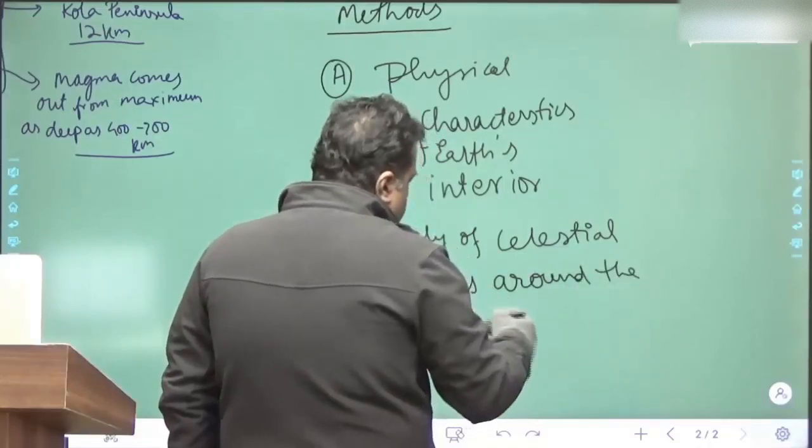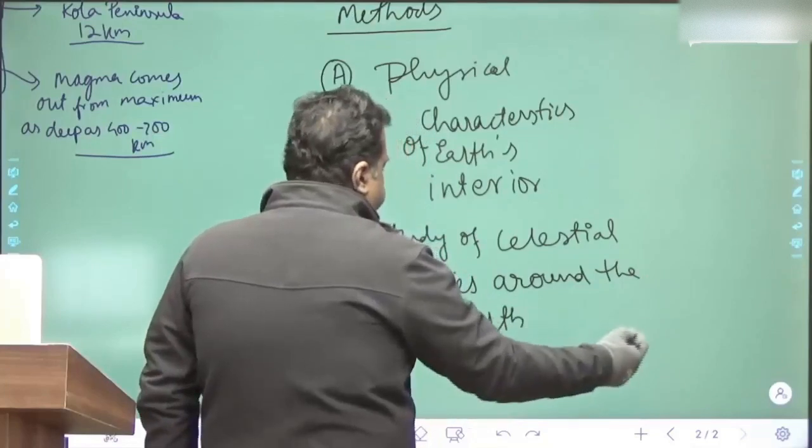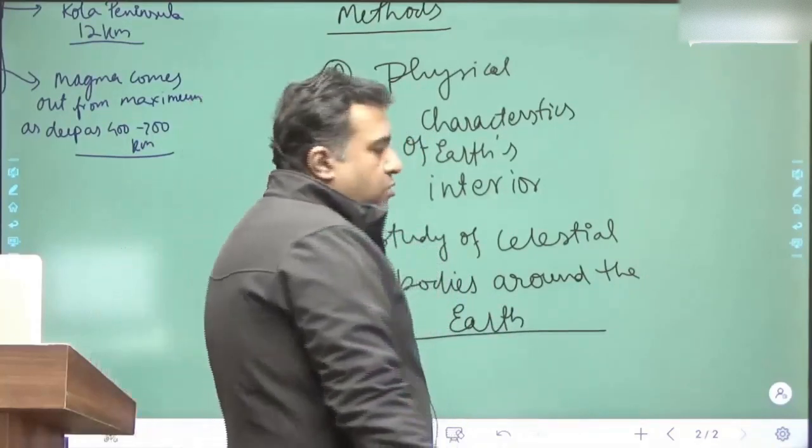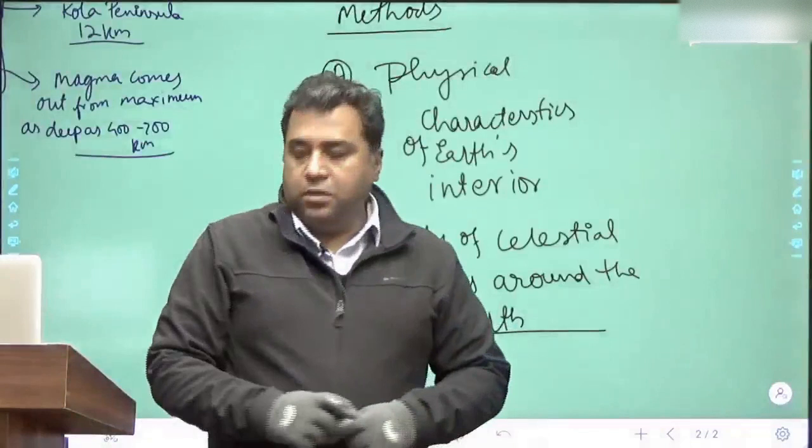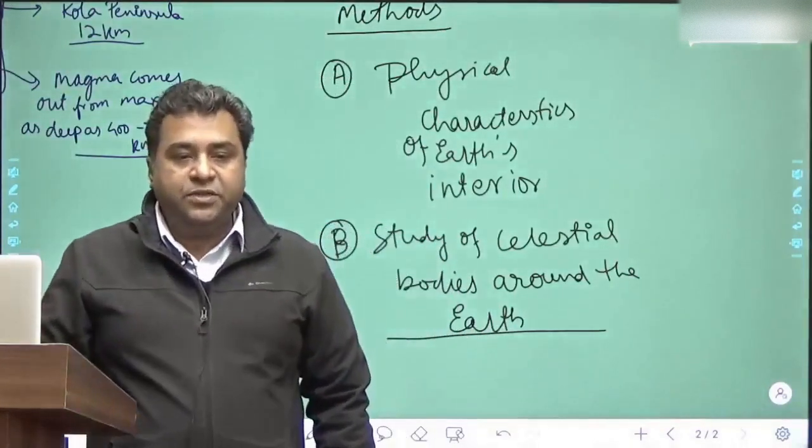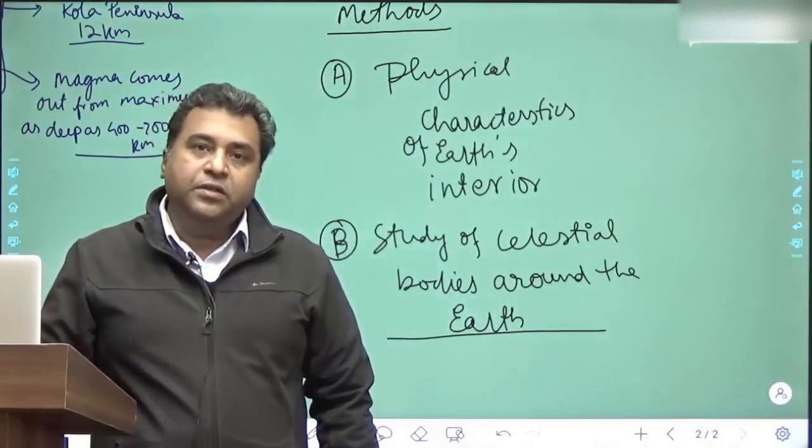Why? Because they were also formed along with the earth. Okay. So, because the celestial bodies, other space objects were also formed along with the earth.